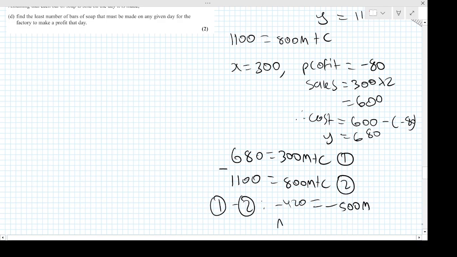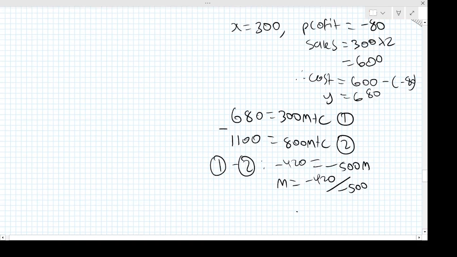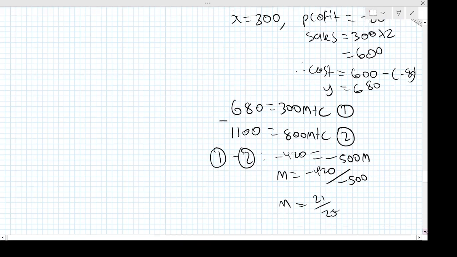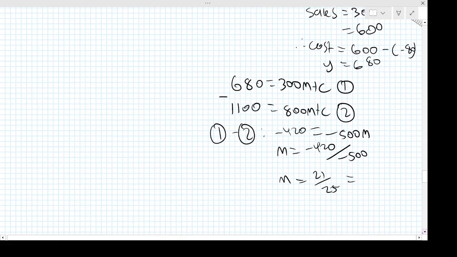So then m is minus 420 divided by minus 500, and that will get me positive 21 over 25. Cool. And as a decimal, that would be 0.84.